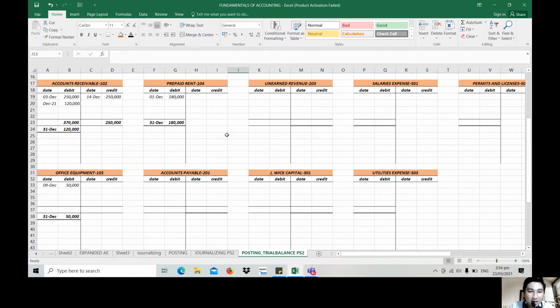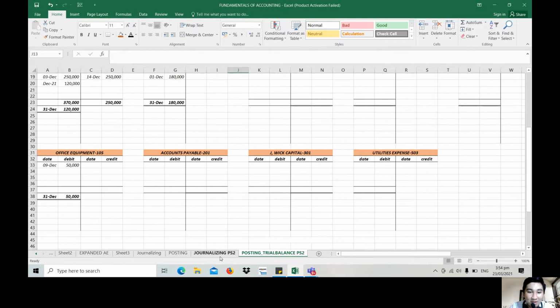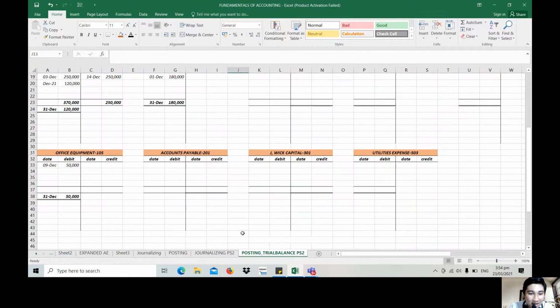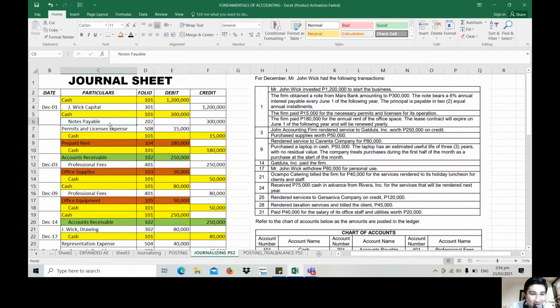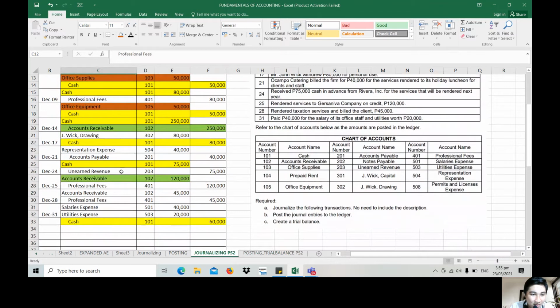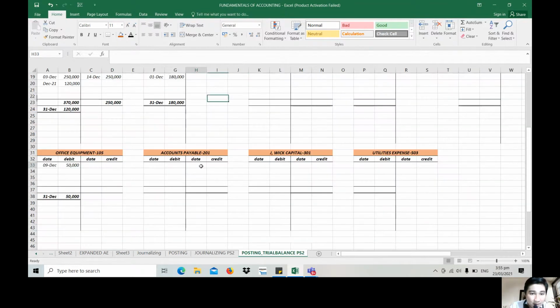Okay. So next is, tapos na tayo sa asset, punta tayo sa accounts payable. May accounts payable ba tayo, guys? Tingnan natin. Ito, meron tayong accounts payable na 40,000 pesos. Sige, same pa din, brown. Okay. 40,000, that is December 21. Credit yan ha.